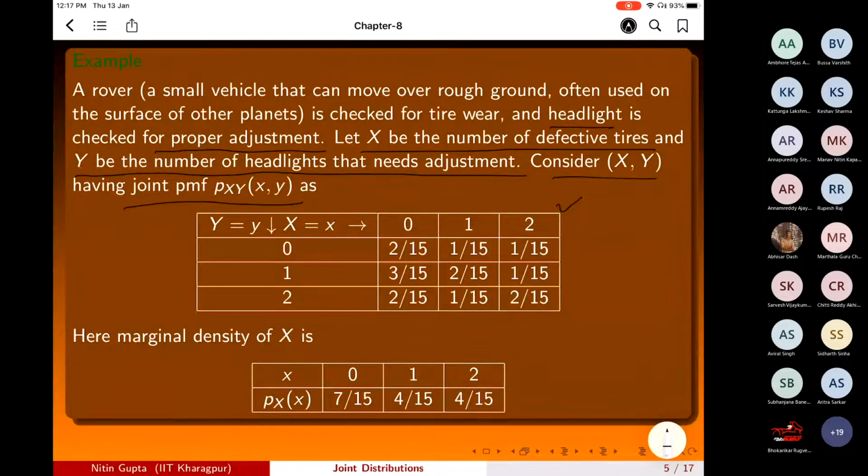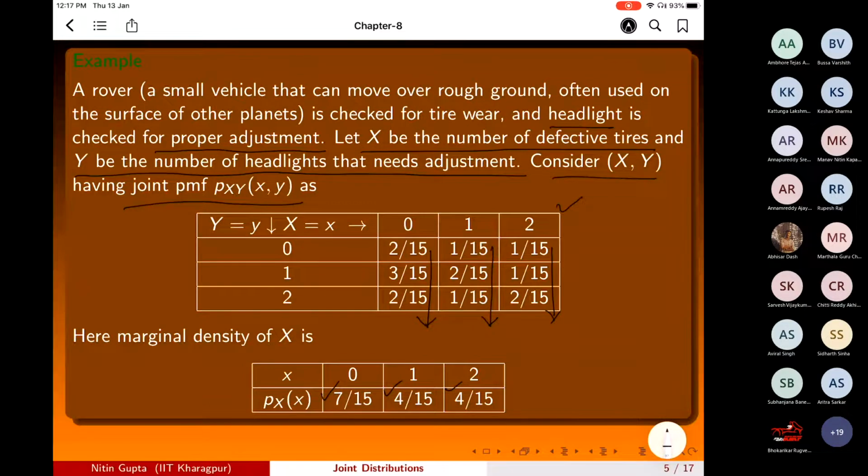Then the marginal density of X: you will sum this value, and you will get the probability X equals 0. This is 7 by 15. Sum over this, you will get 4 by 15. Sum here, you will get 4 by 15.